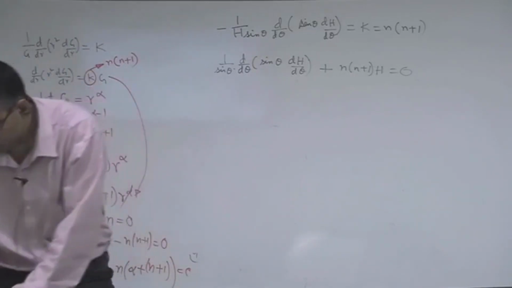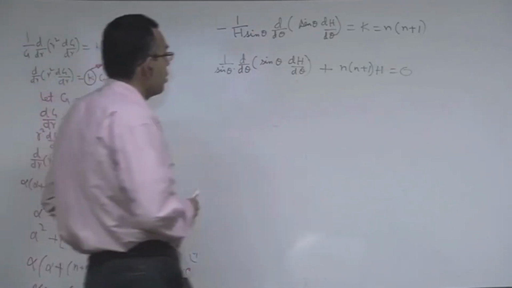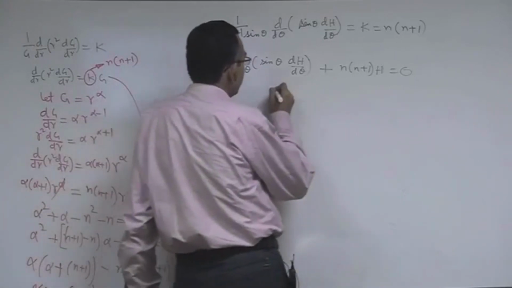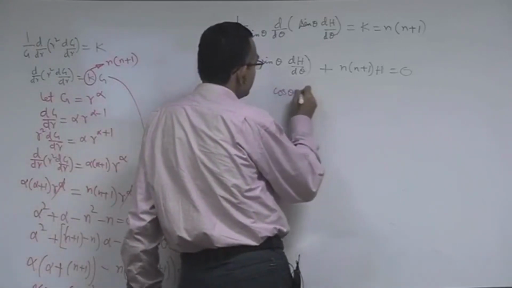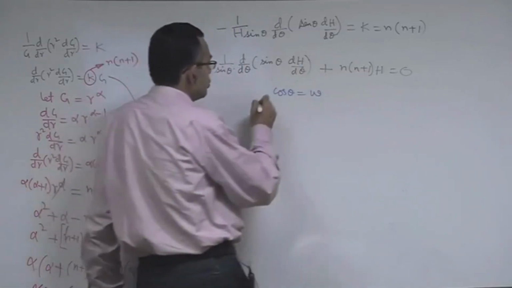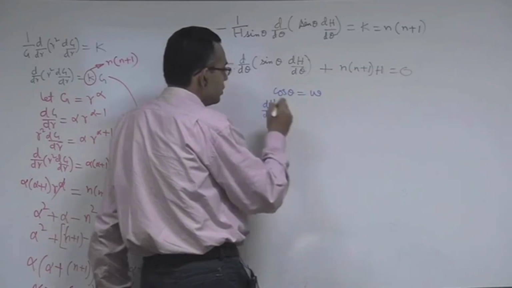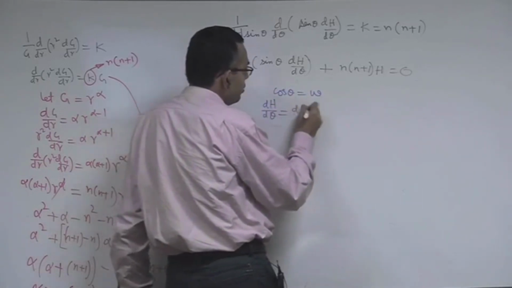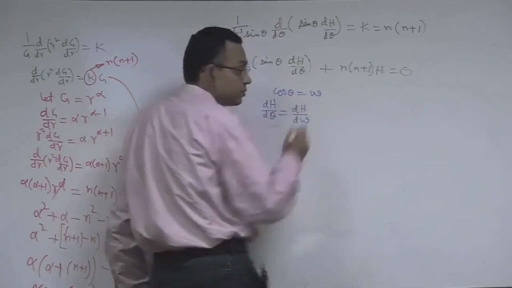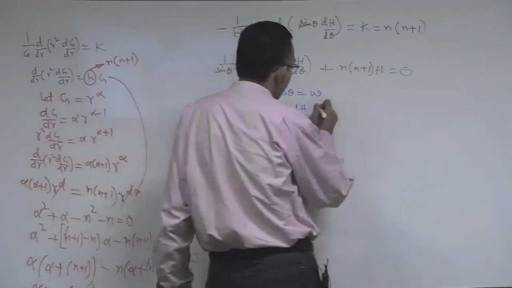Now, we make a substitution, let us say cos theta equal to w. So, dh/d theta is equal to dh/dw into dw/d theta.